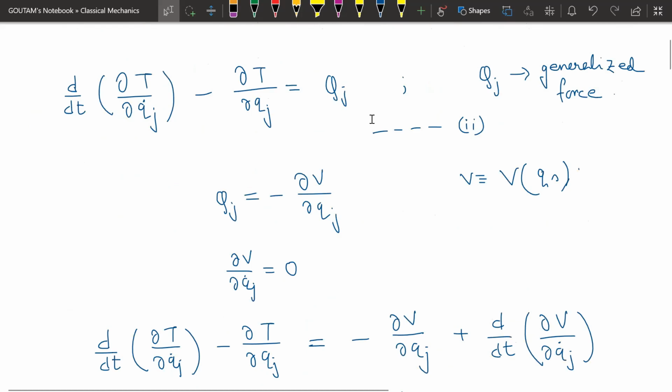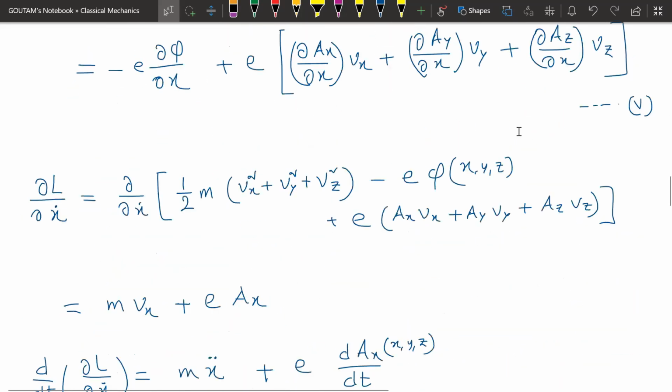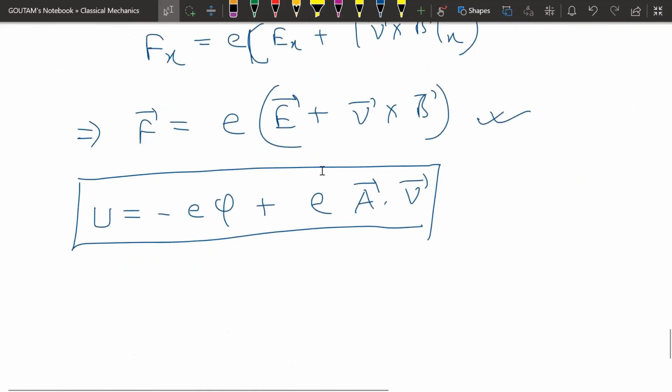So what if this is not the case? This cannot be derived from a potential. What can we do? Can we treat them in this framework? Is there any way? For example, the frictional forces. Those are not derivable from a potential. Those are not conservative force fields. Can we treat them in this framework? That will be the topic of discussion of our next class.